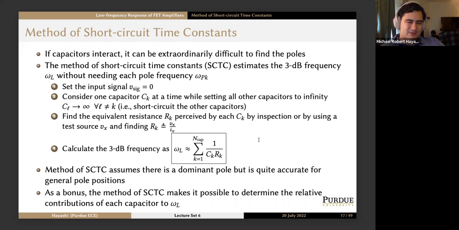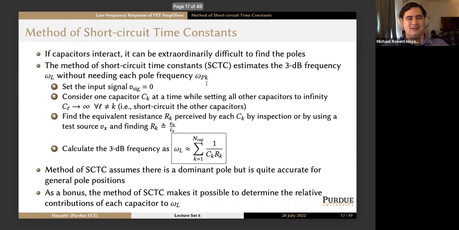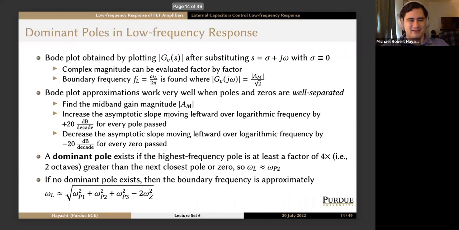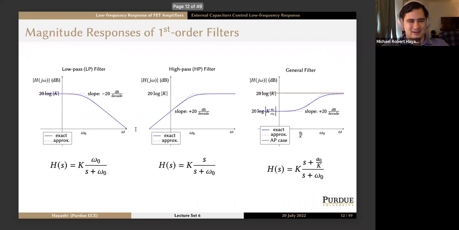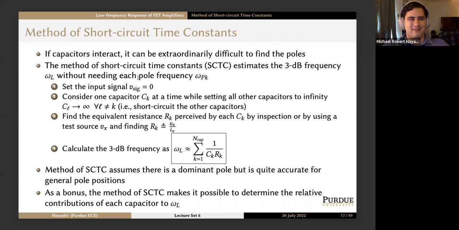We didn't have to deal with that with the discrete common source amplifier, but if one capacitor could perceive the other capacitors, oh boy, this is not very easy to find out, and we wouldn't be able to find the exact gain transfer function without driving ourselves nuts. So we'll use the method of short circuit time constants, or method of SCTC, to estimate the 3 dB frequency omega L without needing each pole frequency omega sub pk.